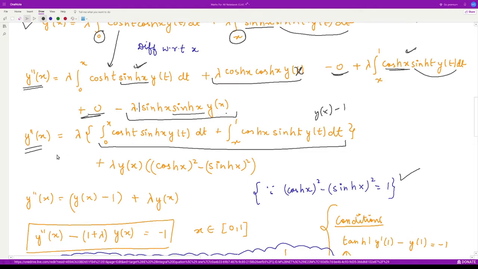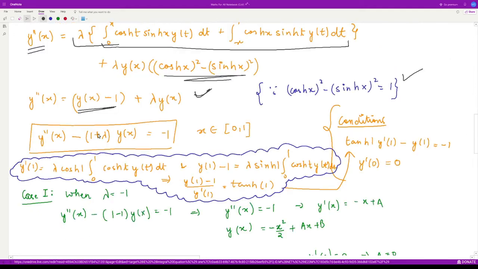So plugging these values, we have y double dash x is equal to lambda times this whole term, which is y of x minus 1, plus lambda into y of x into 1. This term becomes 1. So overall our differential equation becomes y double dash x minus 1 plus lambda into y of x is equal to minus 1.